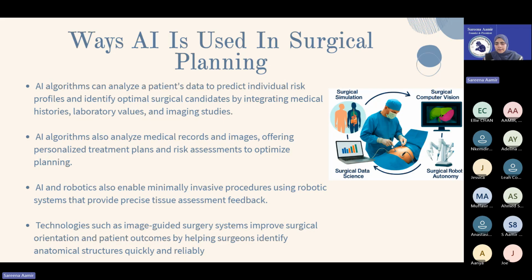So it can help plan out routes to take if some sort of complication happens, because let's say a patient has some cardiac disease, like some sort of chronic heart condition. And so then AI can analyze that patient's data and be like, oh well, they might need some heart support.